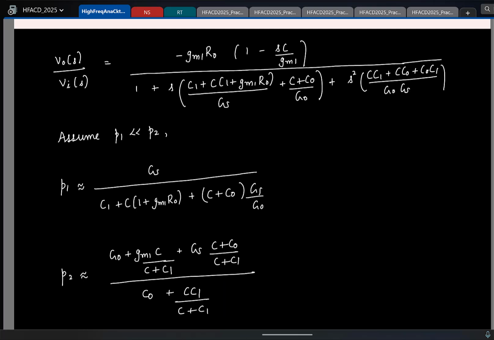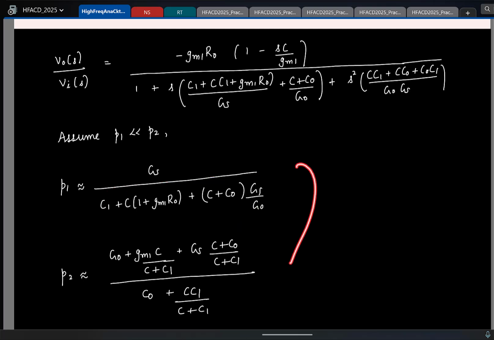Okay. Let's look at the numerator. Here I have some conductance. Here I have conductances, but also have Gm. Now I know Gm will be much greater than all your output conductances and stuff. So this is going to be greater. So the numerator of P2 is greater and the denominator of P1 is greater.